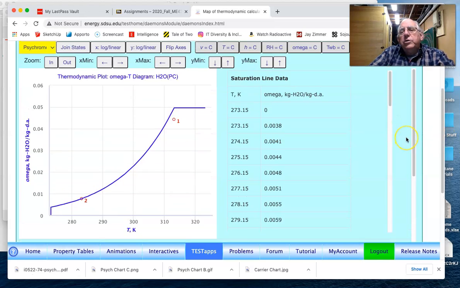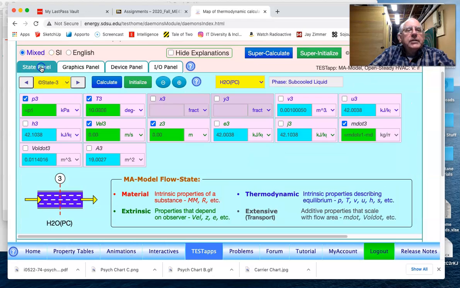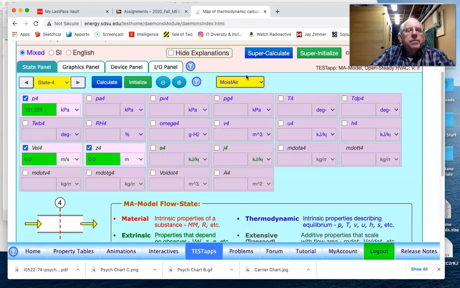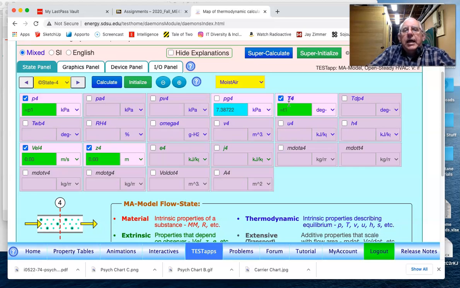And so in order to do that, I'm going to go back to my state panel. I'm going to select a state 4, which is moist air. And for state 4, I'm going to say that the pressure is P1. And I know that for that condition, the temperature stays the same. It's at temperature 1. So I'm going straight down in an isothermal fashion. And what I'm doing is I also have my m dot air is the same.